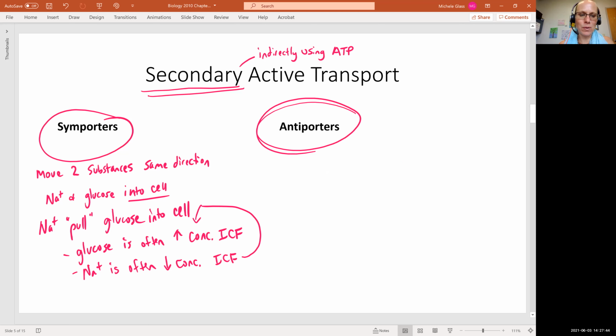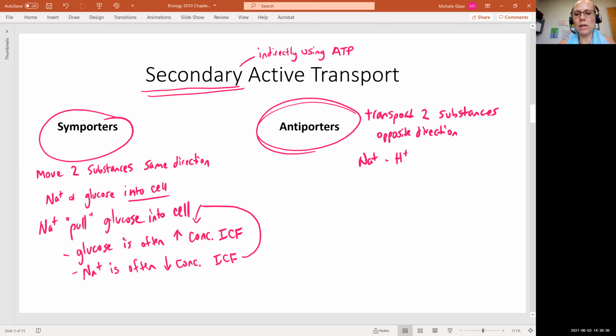Okay, antiporters are going to transport two substances, but now we're going to go in opposite directions. So an example here is sodium ion and hydrogen ion.